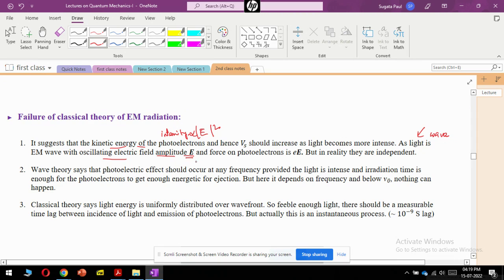Because of this field it will apply some electric force on the photoelectrons, which is F equal to e times the electric field, and this force will cause the electrons to absorb energy from the wave.